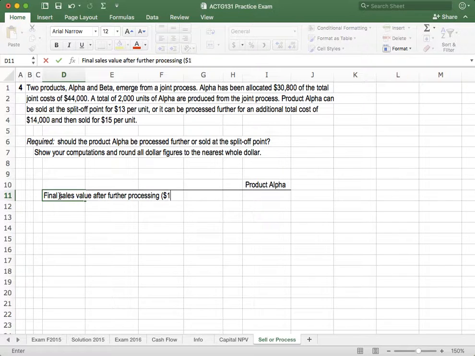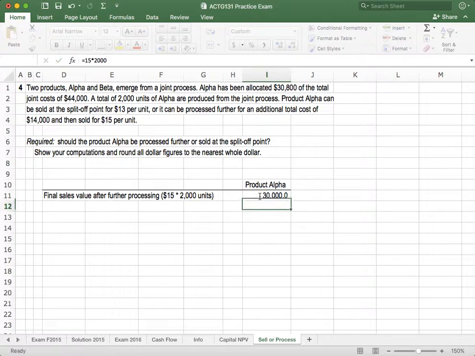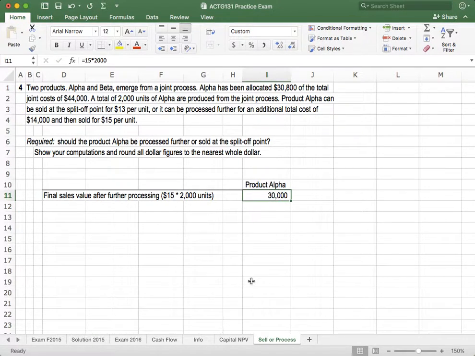So this is the $15. That's what alpha can be sold for, multiplied by those 2,000 units. So let's go ahead and do that equation right here. 15 times 2,000 units. So that's the additional revenue, sales value.